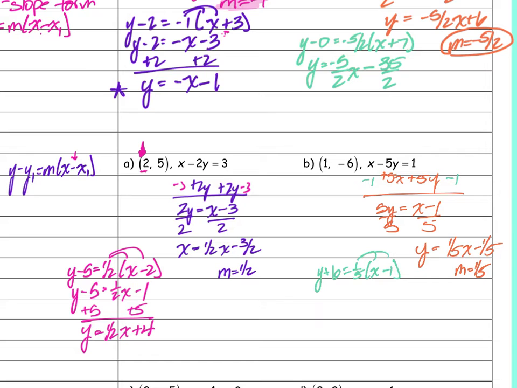So I distribute and I get y plus 6 equals 1/5 x minus 1/5. Subtract 6, subtract 6. y equals 1/5 x minus 31/5. So any questions?